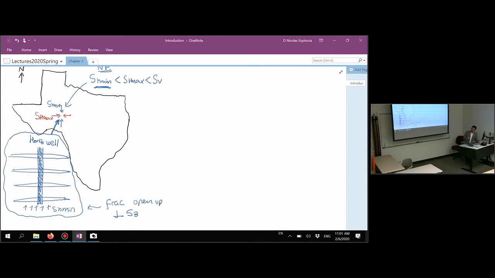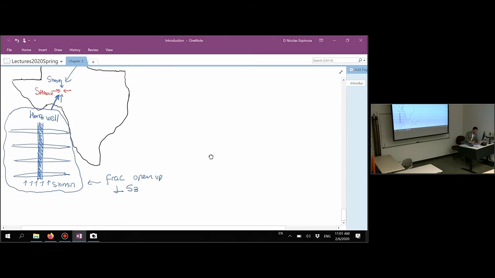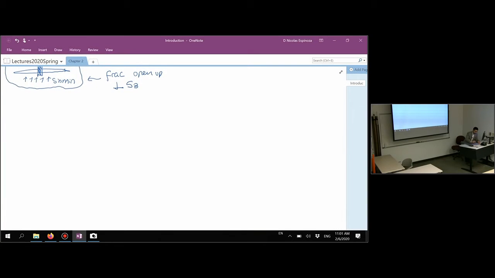So in this case, in the Permian Basin, we're saying particularly that the minimum principal stress is heading in direction north-south. And the choice for our horizontal wellbore was north-south too. And let's see why that's going to be the case.